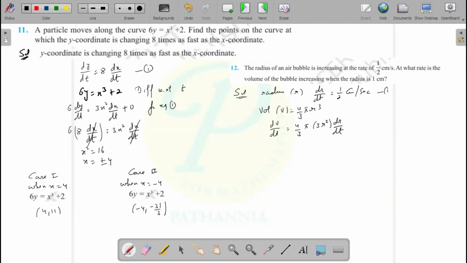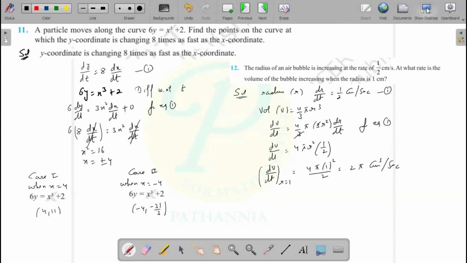So from first, dr upon dt, 4 pi r square is 1/2. And then he asked the rate in change in volume when your r is equal to 1. So 4 pi r1 square upon 2. So therefore the rate in change in volume is in centimeter cube per second.